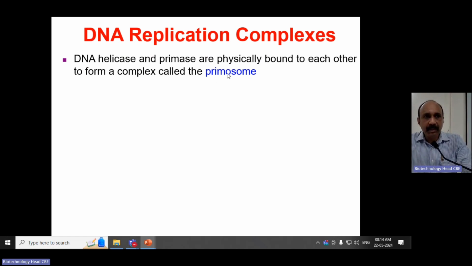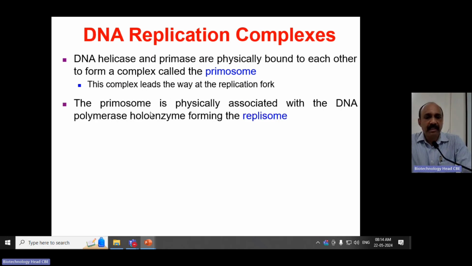This complex leads the way at the replication fork. The primosome is physically associated with the DNA polymerase holoenzyme, forming the replisome. The primosome first creates the replication fork and moves, and when the DNA polymerase comes and attaches to this primosome, it is called the replisome.